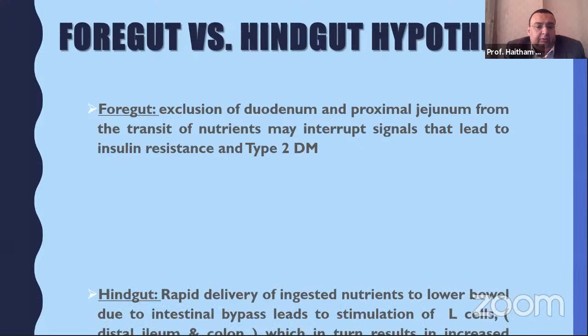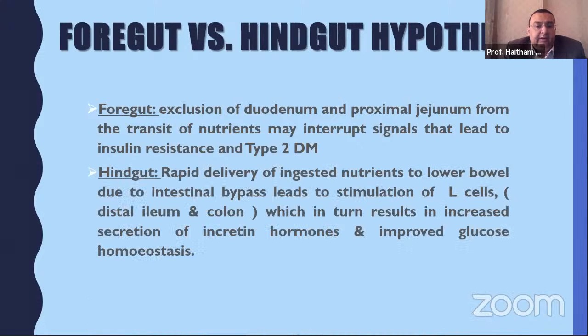The hindgut hypothesis states that the rapid delivery of undigested nutrients to the lower bowel, the distal ileum, will lead to stimulation of L cells in the distal ileum and the colon, which will result in increasing the incretins and thus improving glucose homeostasis.